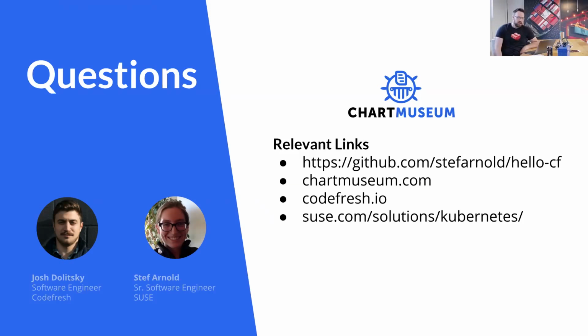Okay. What are the prerequisites for Monocular to work with ChartMuseum? So I think I was actually trying to get this working a while ago, and you basically first run a ChartMuseum, and then there is something in the Monocular configuration where you can list multiple repositories.